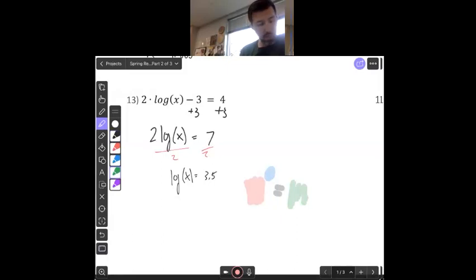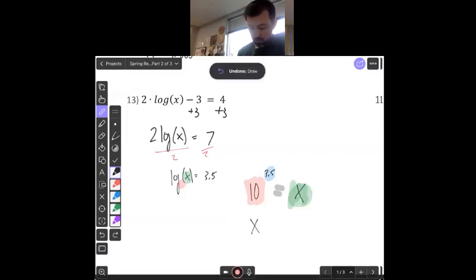So what's going to be the base of our power? 10. Okay, yep, 10. What's that going to be equal to? Yep, there you go. So 10 goes here, the x goes there, and that leaves the 3.5. So x is 10 to 3.5, which again, you just type that in your calculator. You're done.